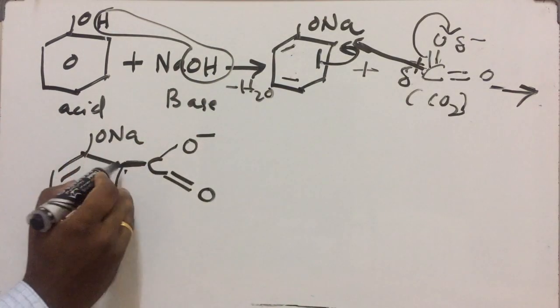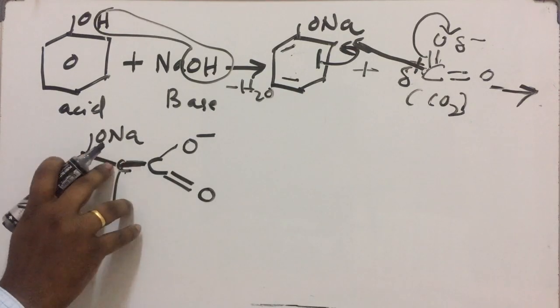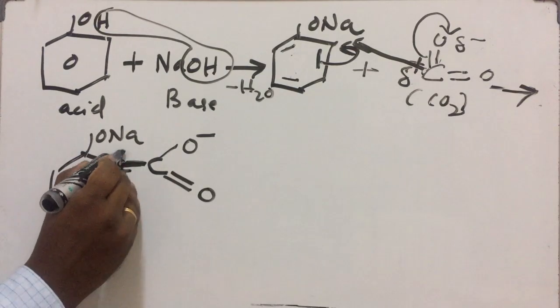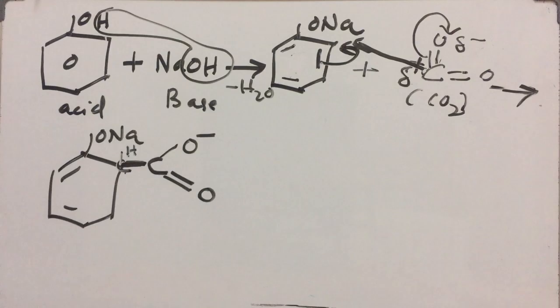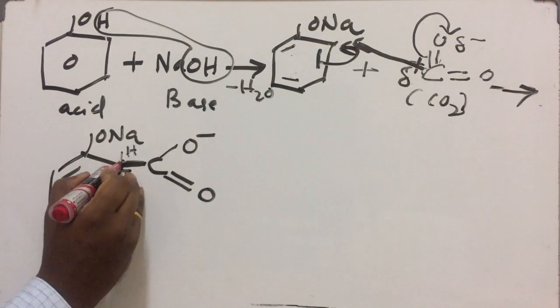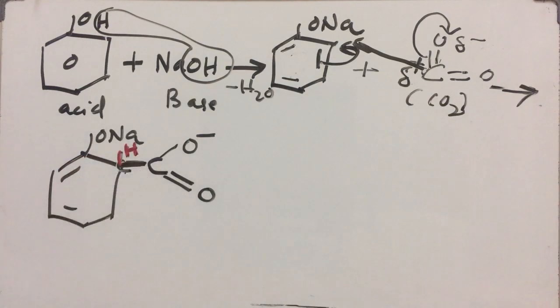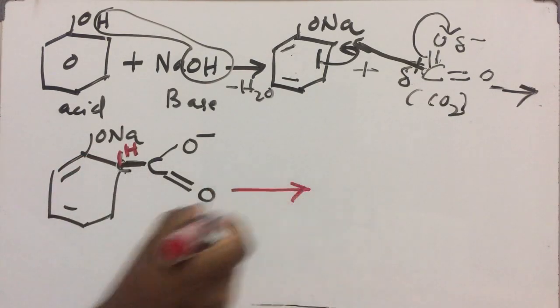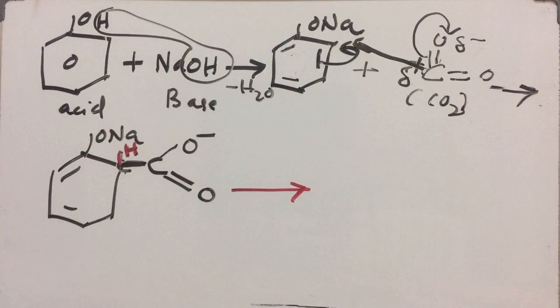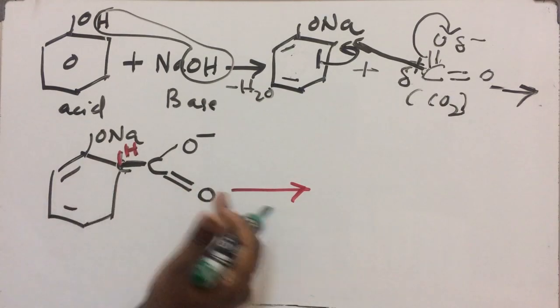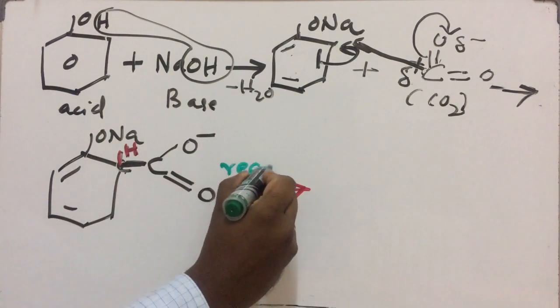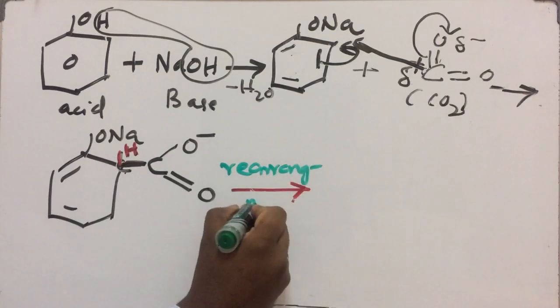Now how many bonds surround this carbon? 1, 2, 3. So one hydrogen is already present on the carbon. In the next step, it undergoes rearrangement.